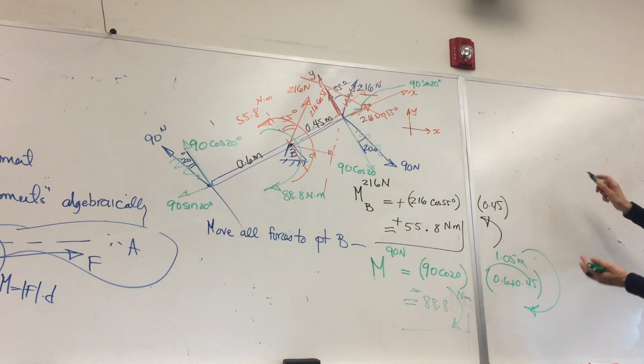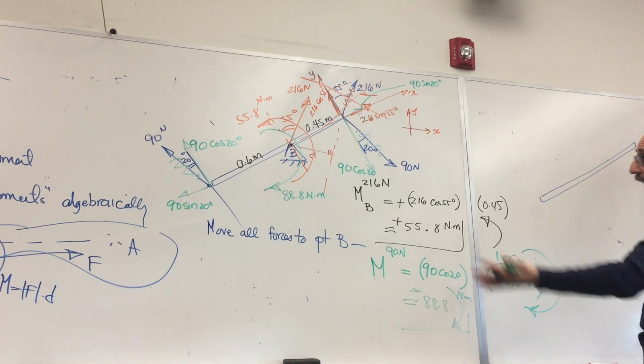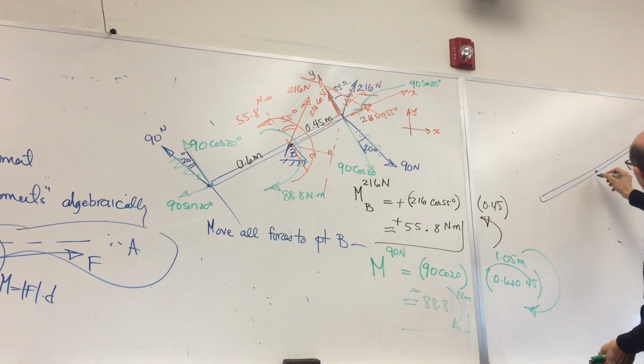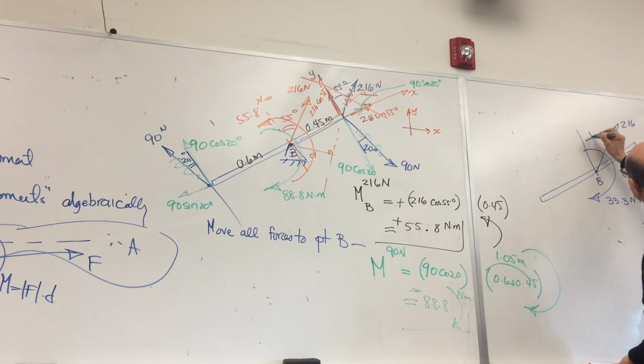Or these two are added up, and therefore the action that results by moving this force and those couples to point B is just a moment of 33.3 Newton meter and a force of 216 acting at that angle.